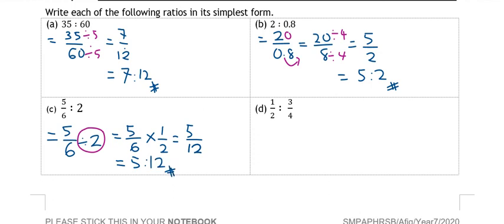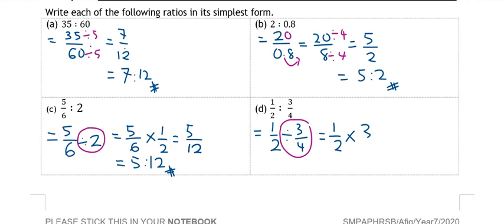Right, then in part D, half is to 3/4. Over here, this is also using the same idea as before, which is when you have a fraction, it is actually a division of two numbers, right? So here, 3 out of 4, and then the division sign will become multiply.